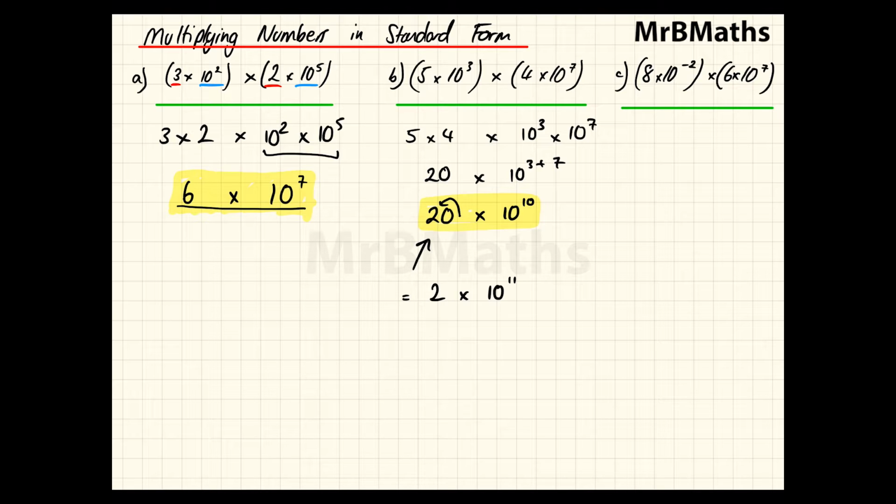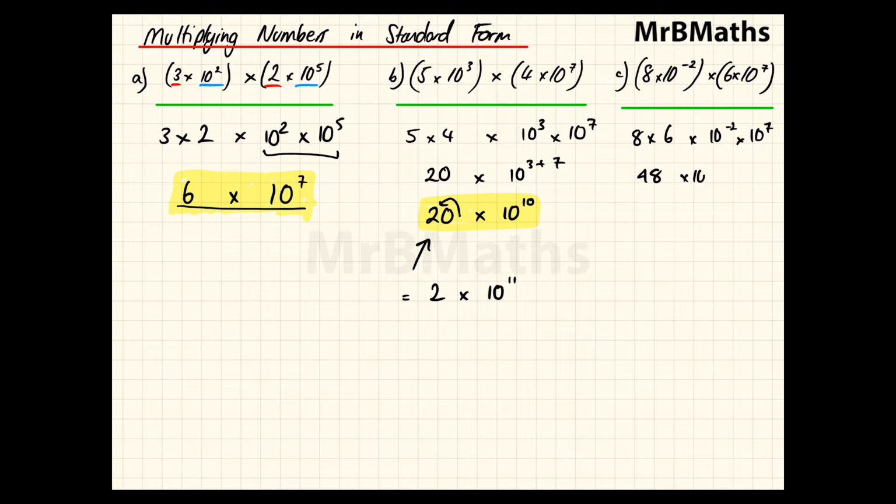Right, and if we have a look at our last one, C, we've got 8 times 10 to the minus 2 times 6 times 10 to the 7. So again, rewrite 8 times 6 and then times 10 to the minus 2 times 10 to the 7. Okay, so 8 times 6 is 48.